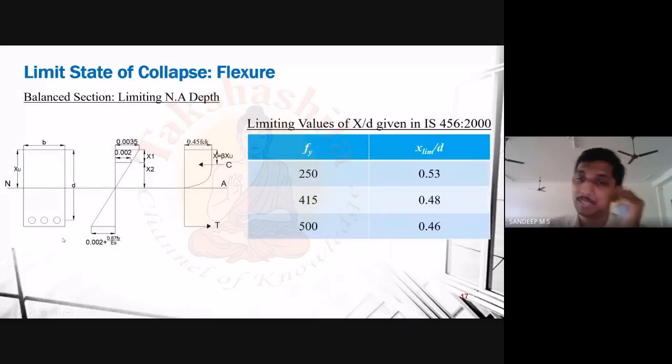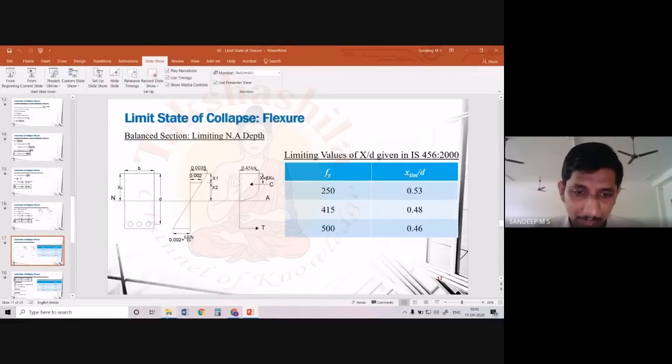So if you refer to your IS code, have you got your IS code, IS 456? Yes, sir. Okay, in that, if you go to page number 70, I think it is page number 70. I have a soft copy with me.